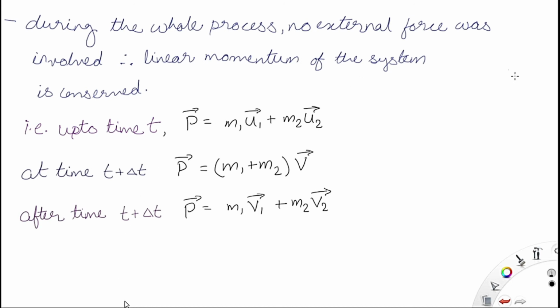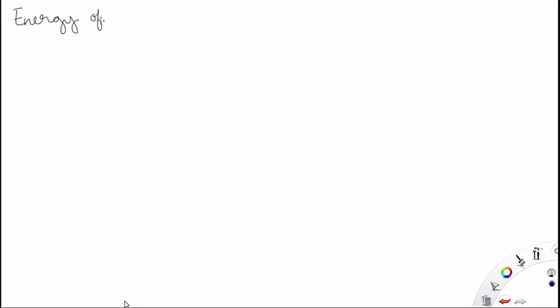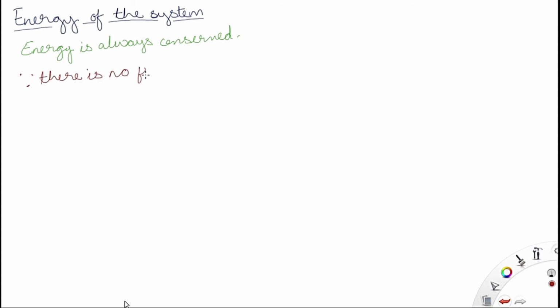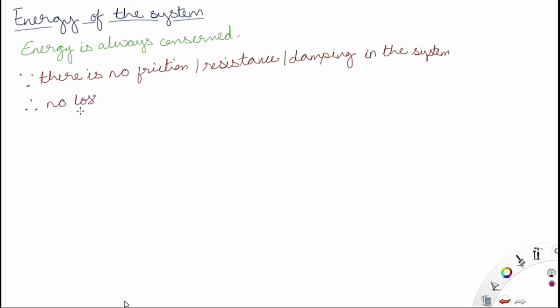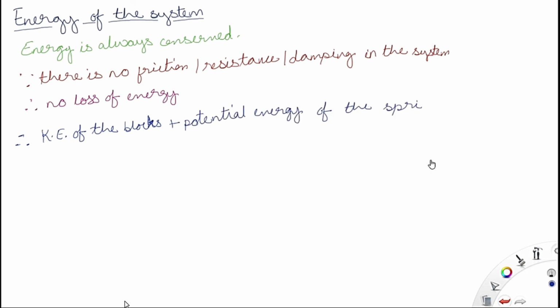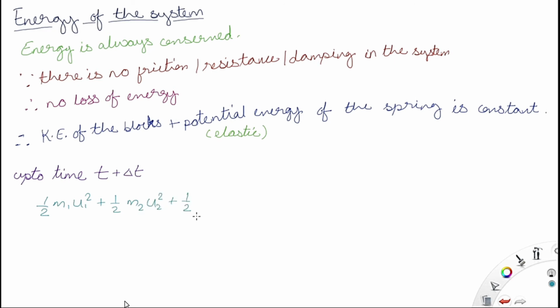Now the energy of the system. We know that energy is always conserved, whether the energy becomes useful or useless. Moreover, there is no friction, resistance or damping in the system we are dealing with. Hence there is no loss of energy, and whatever energy there is exists in the form of kinetic energy of the blocks m1 and m2, and potential energy stored in the spring.